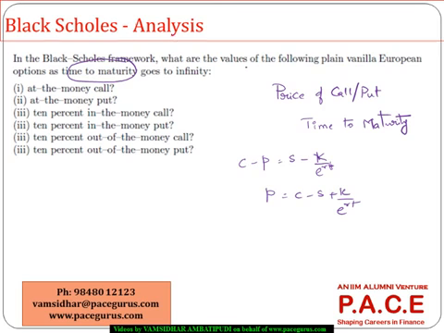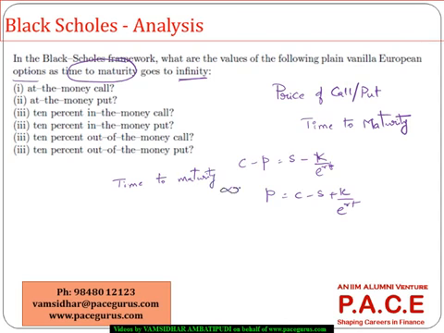So here the question is, what are the values of the following plain vanilla European options as the time to maturity goes to infinity? So I want to increase the time to maturity. Right now we have taken time to maturity as 0.25 years, very small.